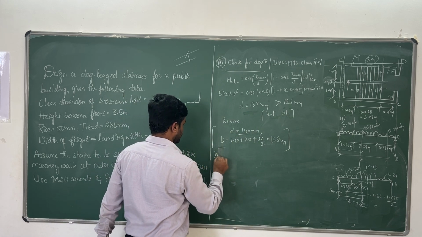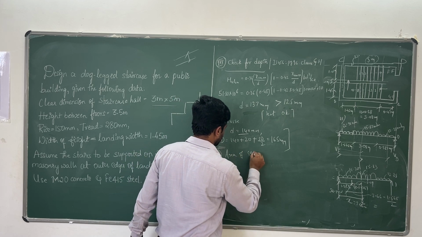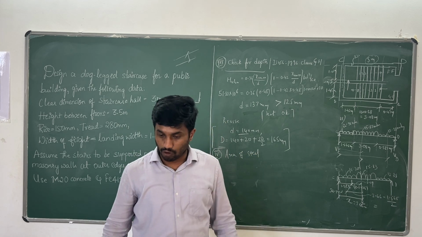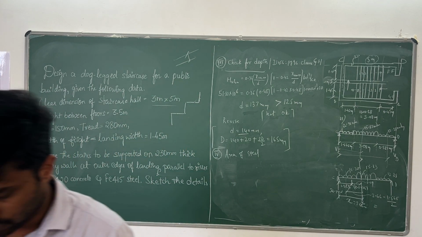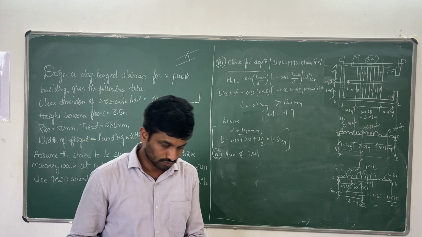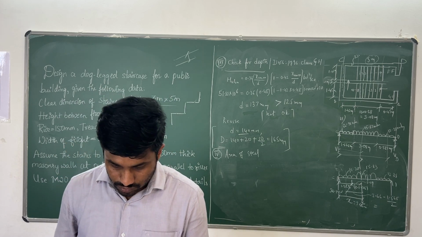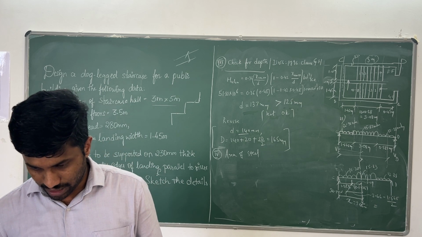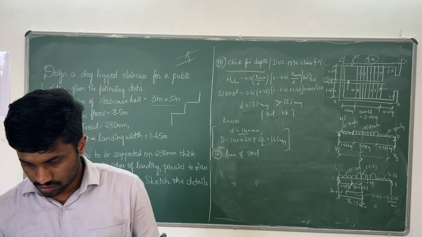Fourth step is area of steel. For this also you have code IS 456. You have an equation. The same equation you have to use for this.